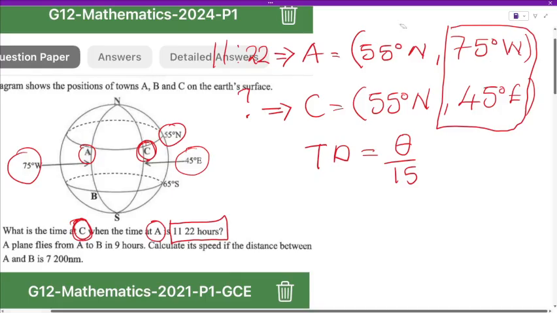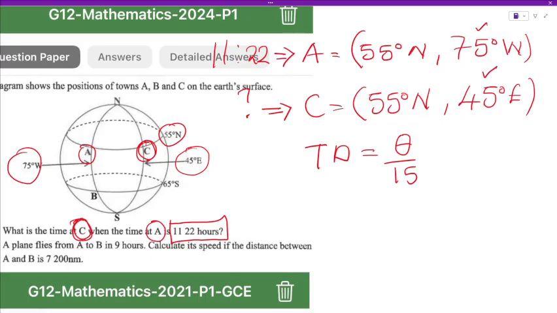So that's your focus. How are you going to find your time difference? You're going to check these 2 points, the longitudes for these 2 points whose time difference I'm trying to find. Are they in the same hemisphere or different hemispheres? They are in different hemispheres because we have west and we have east here. So what did we say you do when the positions are in different hemispheres? You're supposed to add.